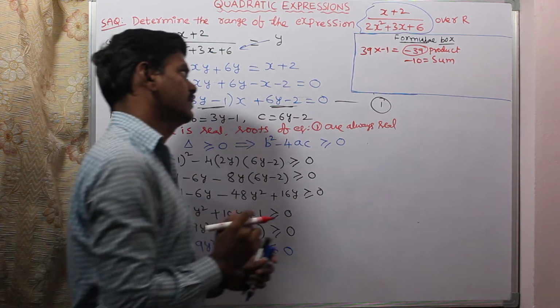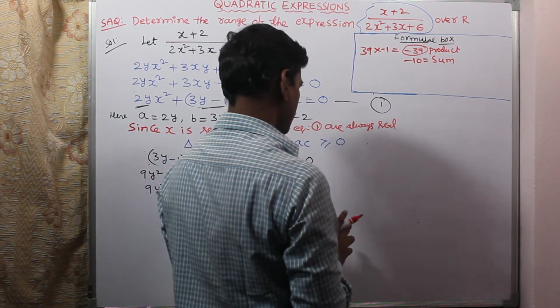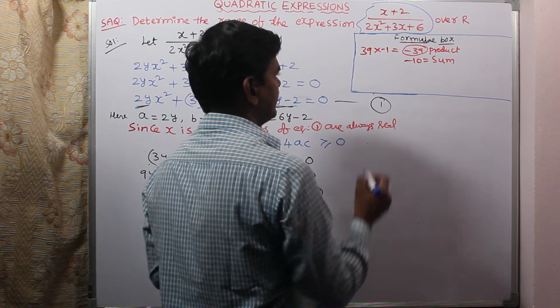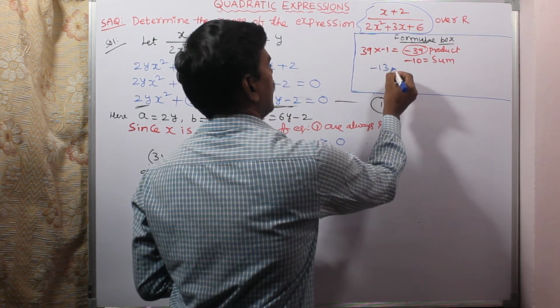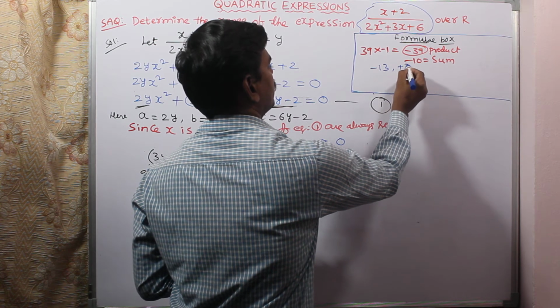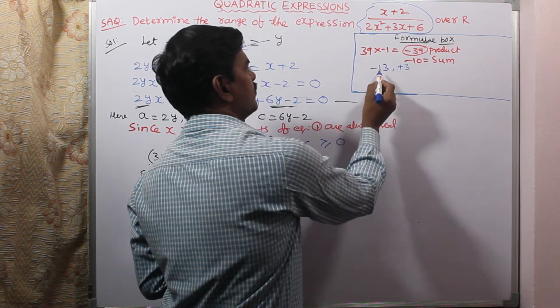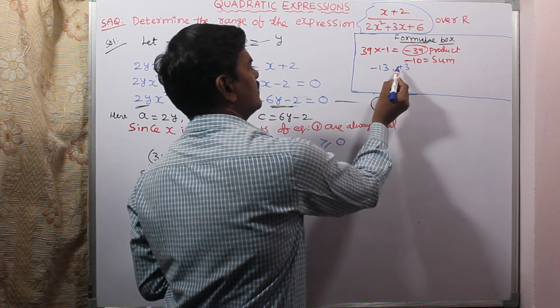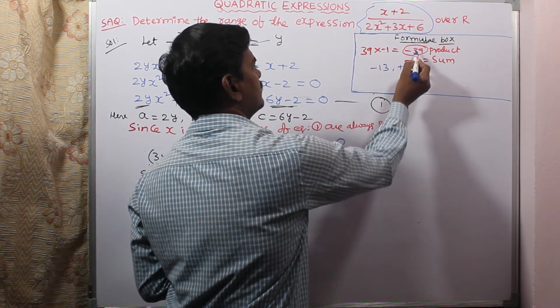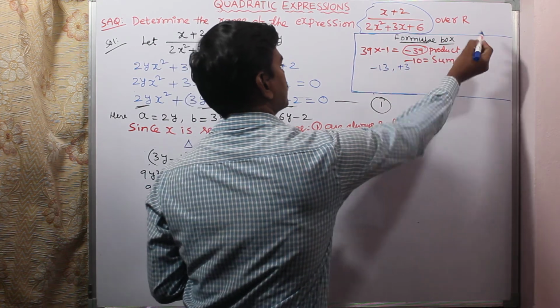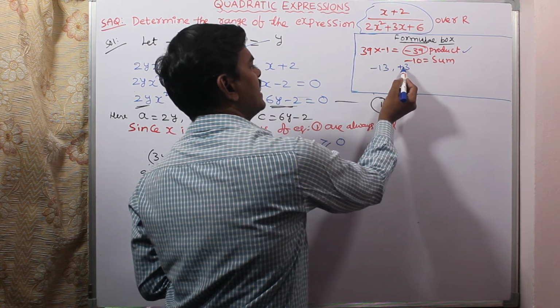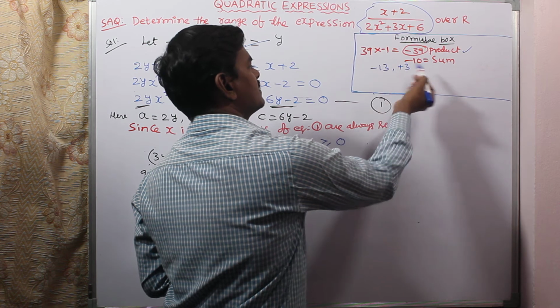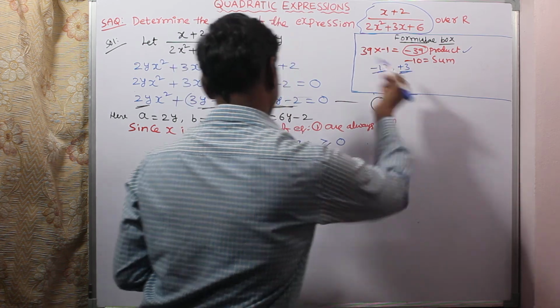If you think, you will get the two numbers as minus 13 and plus 3. If you multiply minus 13 and 3, you get minus 39, so the multiplication works. Next, if you add minus 13 plus 3, it gives minus 10. So these are the factors.